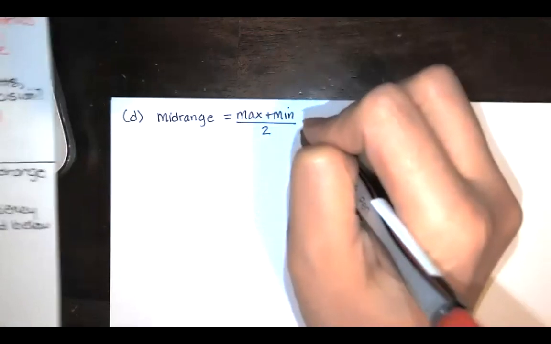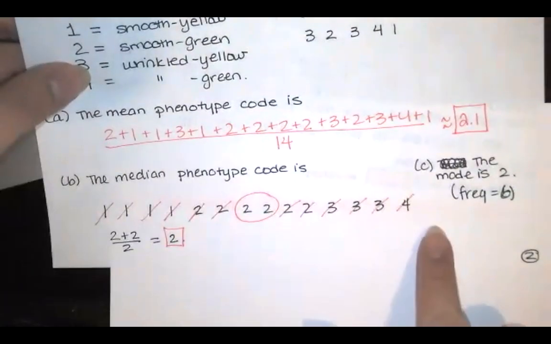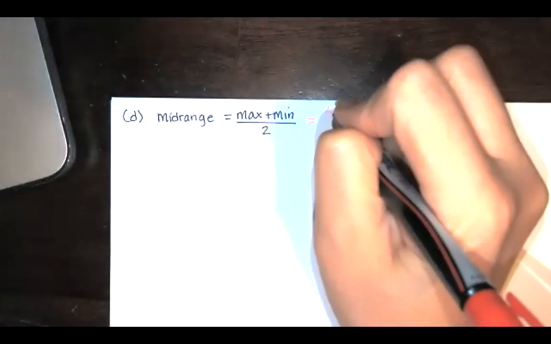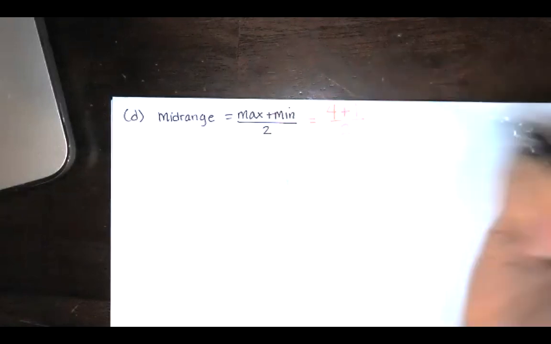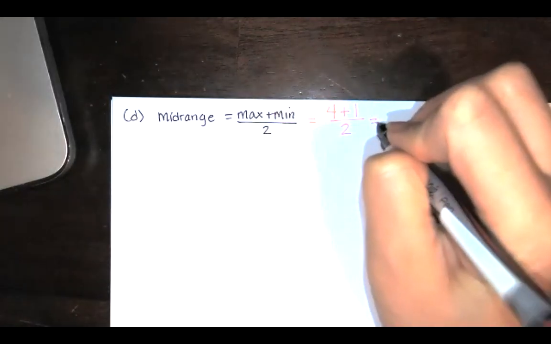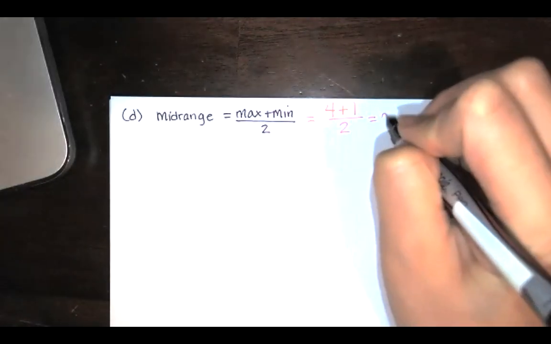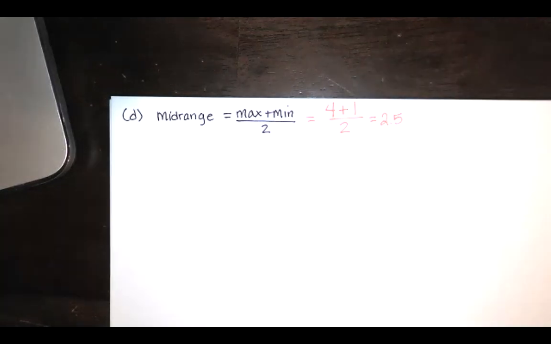So the maximum value on our list of phenotype codes is 4. The minimum value is 1. So we do 4 plus 1, divide by 2, so 5 over 2, or 2.5.